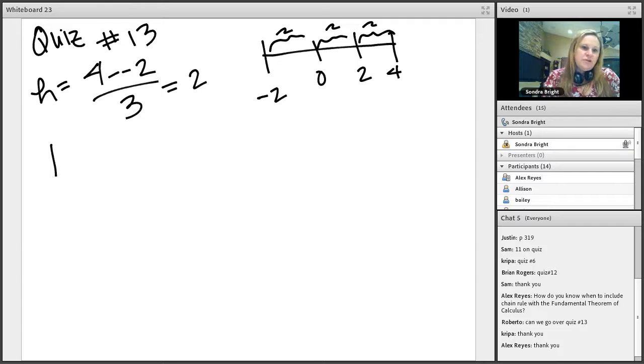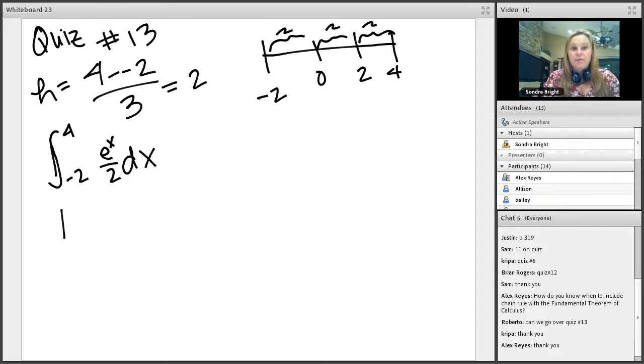And then your trapezoidal approximation. The trapezoidal rule is h over 2, so 2 over 2 times, plugging in your function. The function they gave you was the integral from -2 to 4 of e to the x over 2 dx, so we're approximating this.